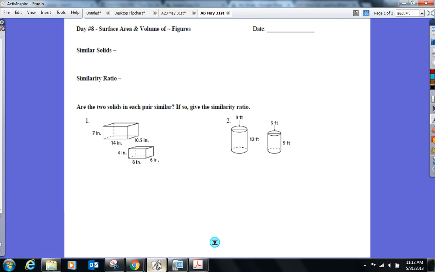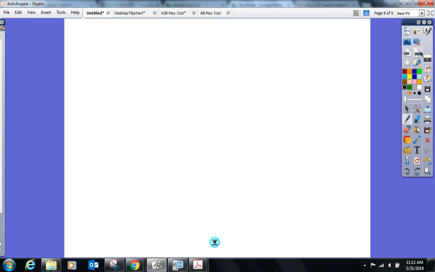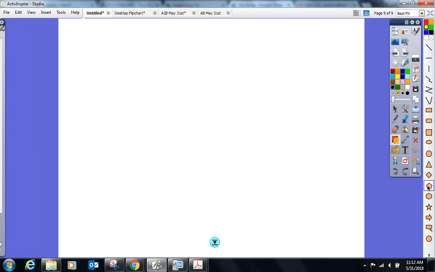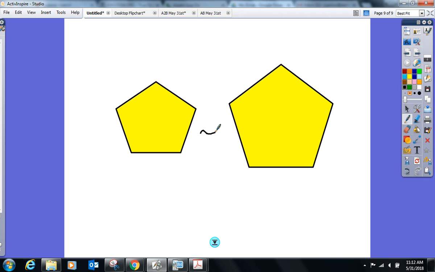Do you remember from our area unit, not surface area, which we're in now, but our area unit, we talked about if two figures are similar to each other, and I know the similarity ratio? So I know the ratio of all these sides is 4 to 5. Do you remember what other ratio I knew then?